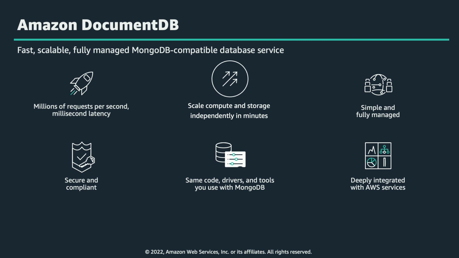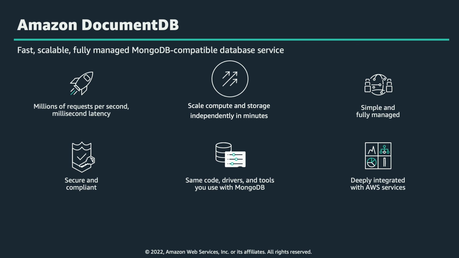It is secure and compliant. So by default, it is secure in that it is what we call a VPC only service, meaning that you cannot directly access the data from the public internet. It has to be another application or client running within an AWS VPC. So you've got a layer of security right out of the box with that.